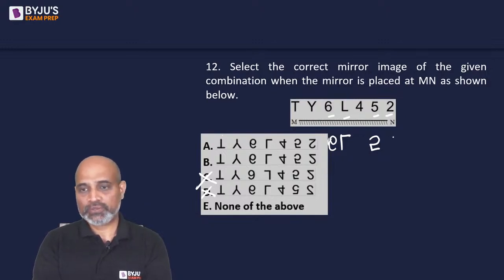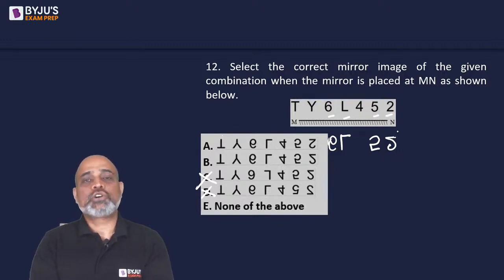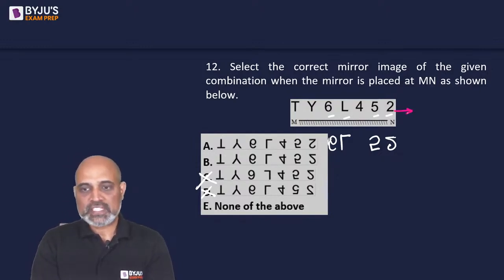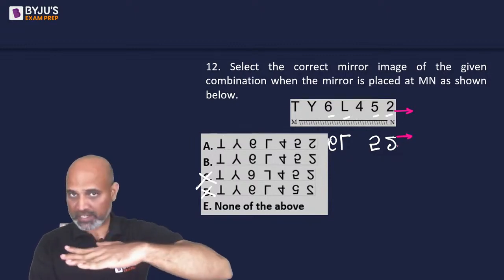Let's look at 2. So 2 is going to be something like this. है ना? देखो कैसे याद करना है, as in how to quickly do it. This is facing east, so this should be facing east only because the mirror is here.